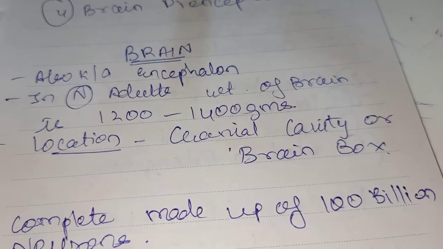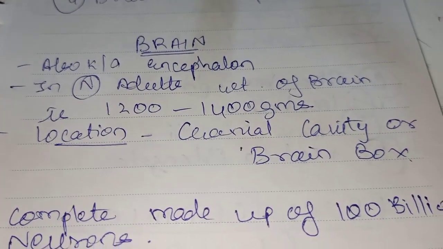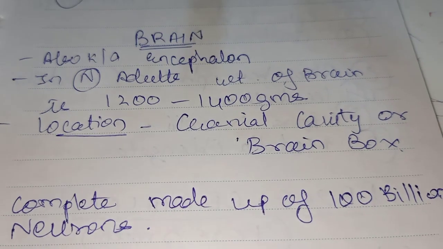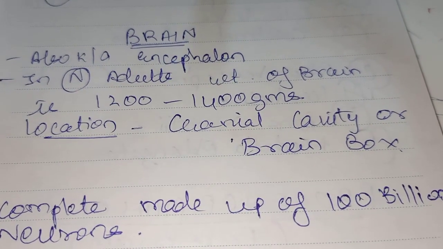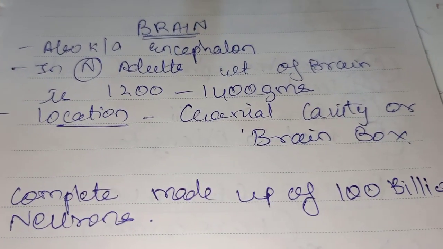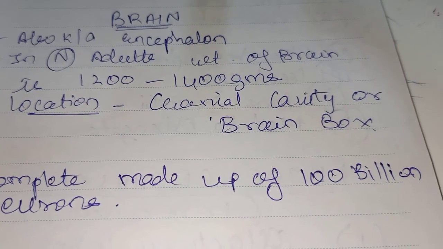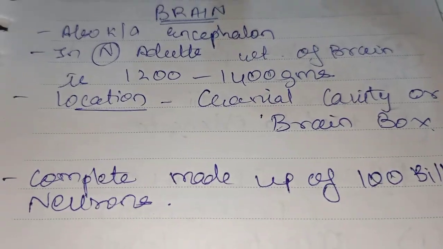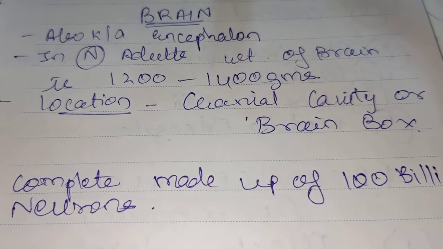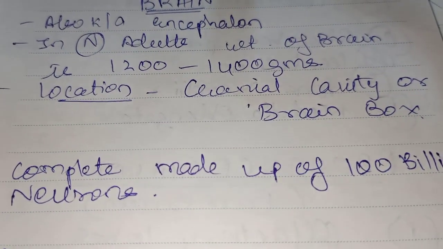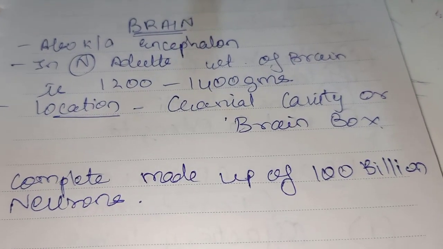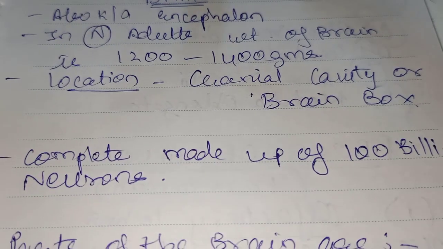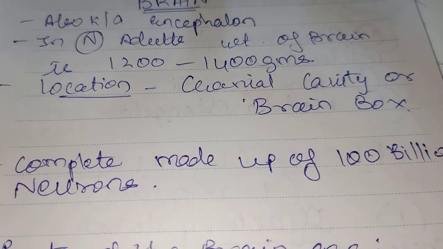In normal adults, the weight of the brain is 1200 to 1400 grams, and the location of the brain is in the cranial cavity or brain box, that is the skull. The brain is completely protected in the skull. The brain is made up of 100 billions of neurons, that is the nerve cells.